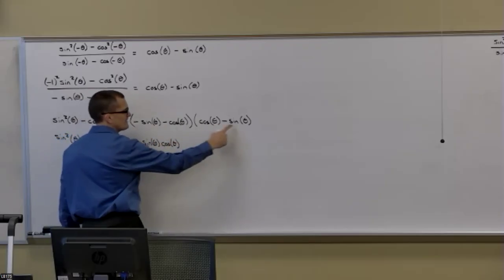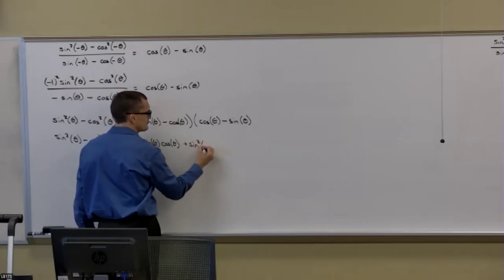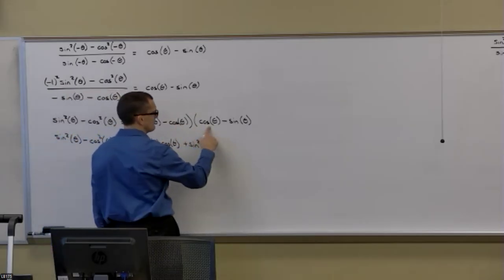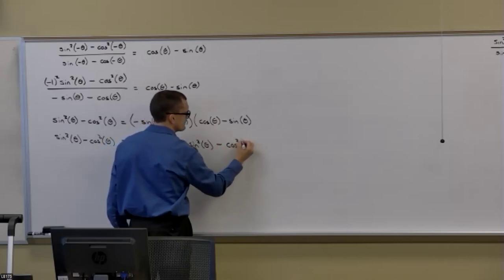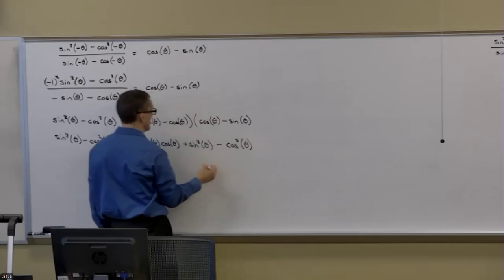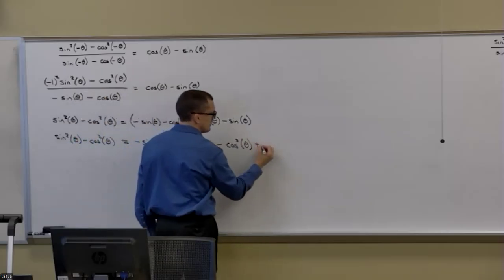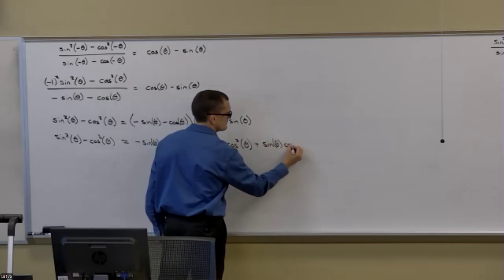Then negative sine times negative sine, that's going to be a plus sine squared. Negative cosine times negative cosine, that's negative cosine squared. And then negative cosine times negative sine gives me a plus sine times cosine.